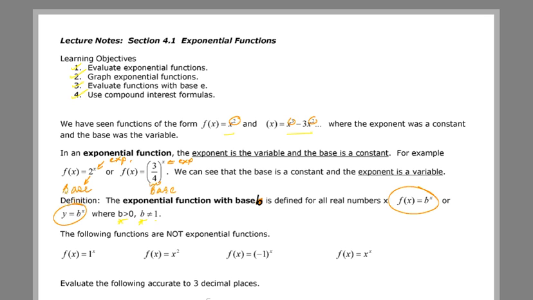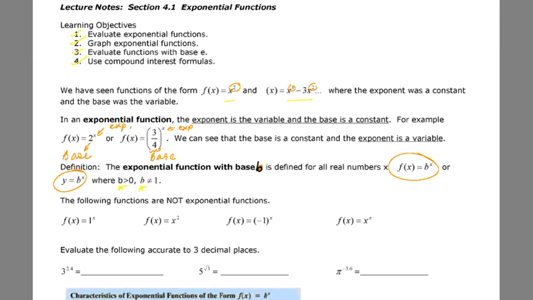Let's take a look at why these below are not exponential functions. f of x equals 1 to the x power. If you were to graph this, this would be a horizontal line. It's the trivial case of an exponential function. That's why we say the base can't be 1. This isn't an exponential function because the exponent is a 2.